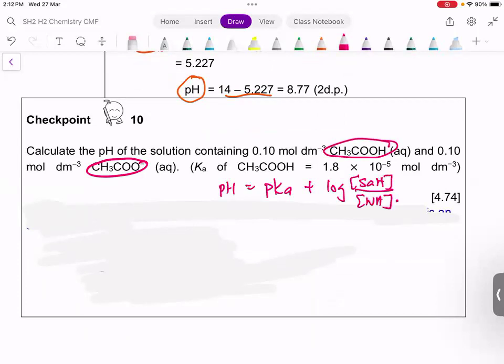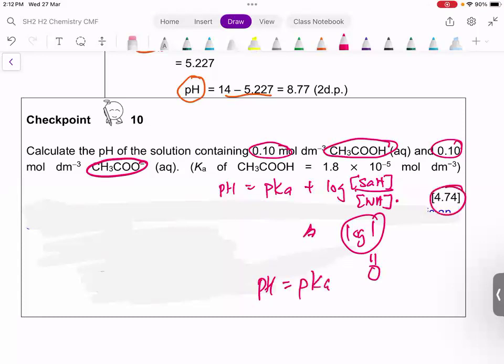Okay, so in this case, notice that the concentration of the salt and the weak acid are equal. They are equal. And there's no need for you to consider dilution at all, because it's just giving you the concentration in this solution already. All right. So since they are equal, this means that it's logarithm 1, which is equal to 0. So this means that pH must be equal to pKa. Hence, the answer is 4.74. Can?